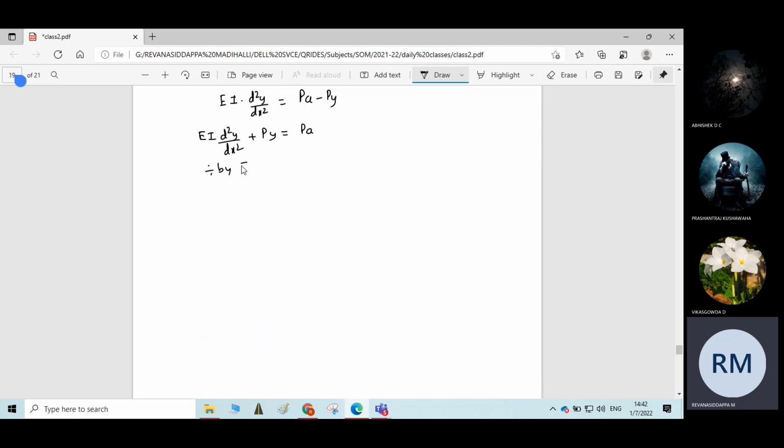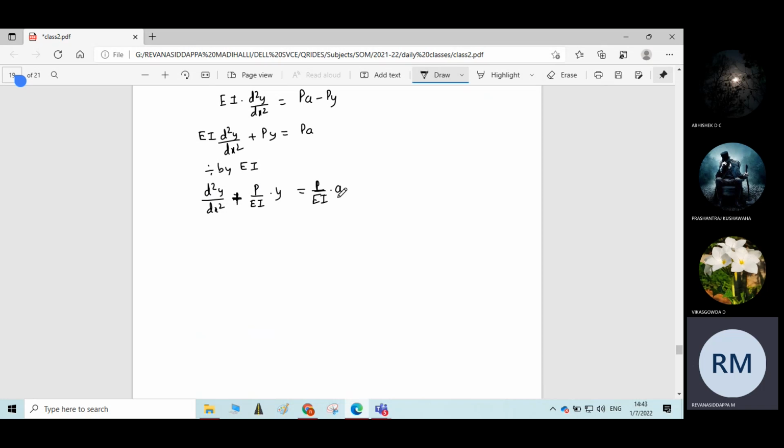What you will get? D square y by dx square plus P by EI into y is equal to P by EI into a. This is the equation we get.